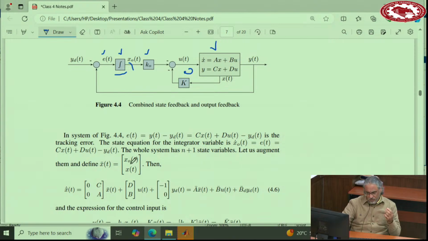Sometimes, so x0 dot, the derivative of x0, is e. e is yd minus y, or y minus yd, and y is Cx plus Du minus yd. So that's the first equation, and the second one we already have, so put them together.